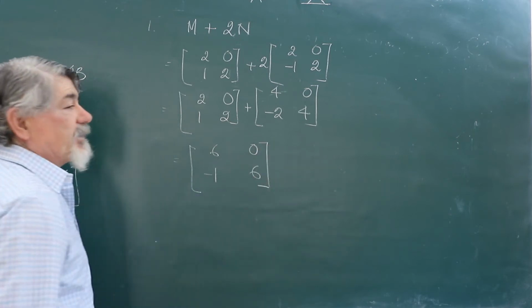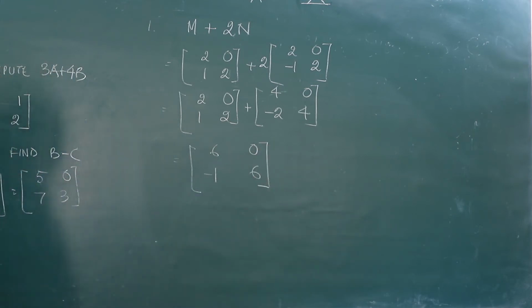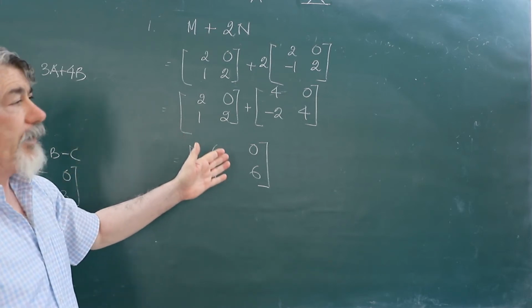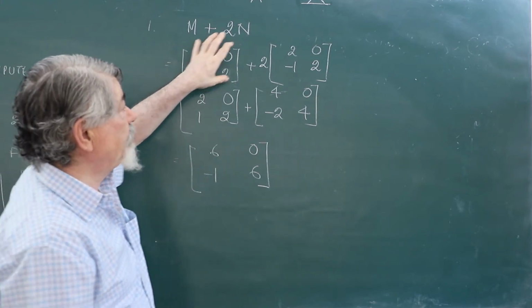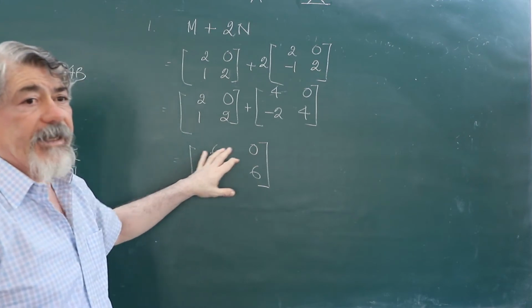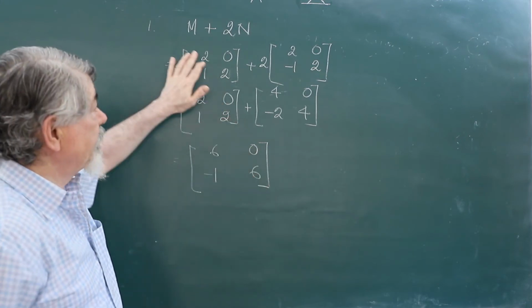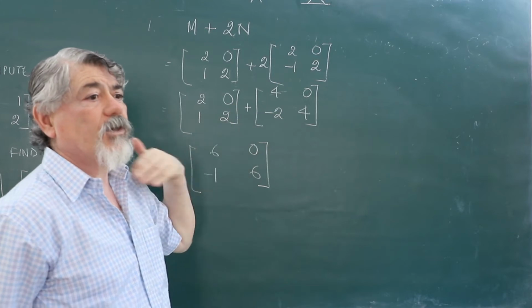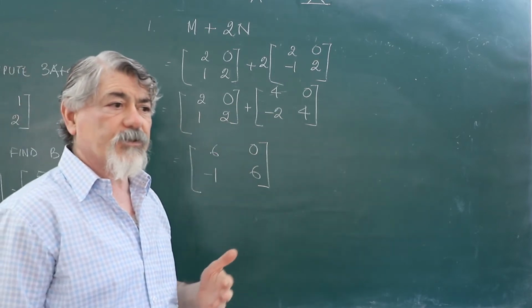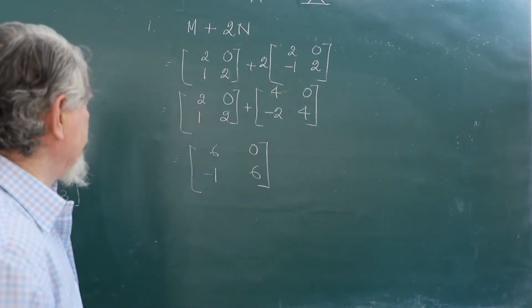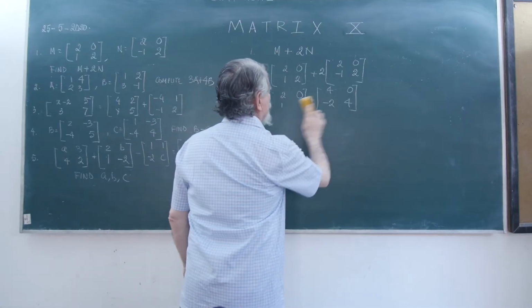So this is your matrix M plus 2N. Whatever is the order of M and N will be the order of M plus 2N as well. If it is of the order 2 into 2, then the order of the final matrix will also be 2 into 2 only. Let us see question number 2.